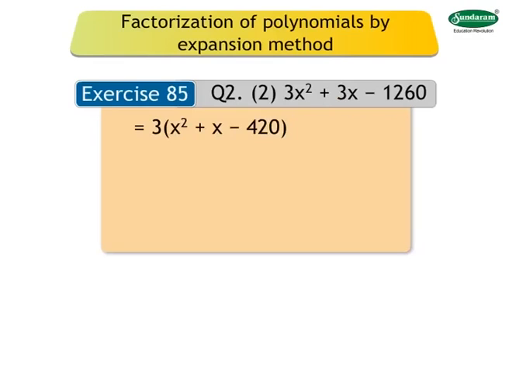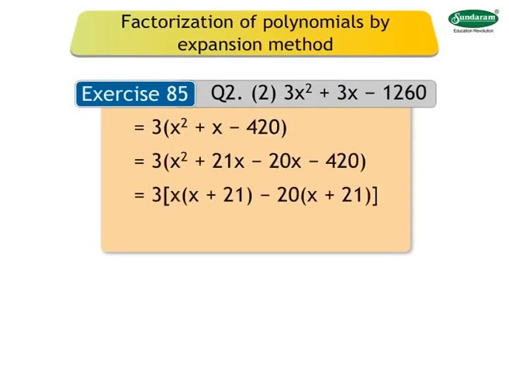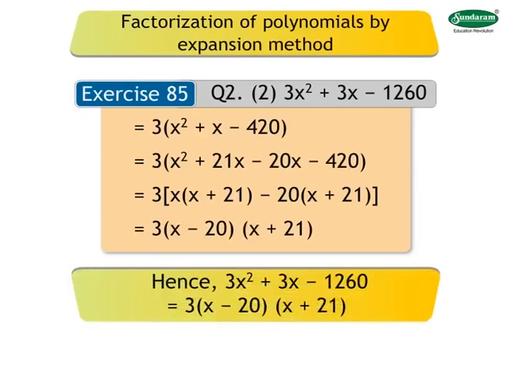Expanding further, we get 3 into x square plus 21x minus 20x minus 420, which is equal to 3 open big bracket x open small bracket x plus 21 close small bracket minus 20 open small bracket x plus 21 close small and big bracket, which is equal to 3 into x minus 20 in one bracket and x plus 21 in other bracket.